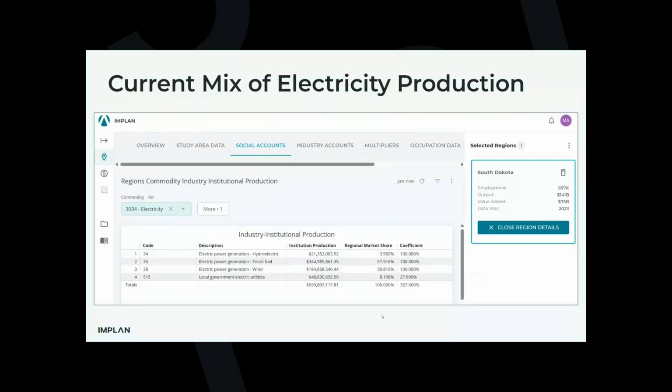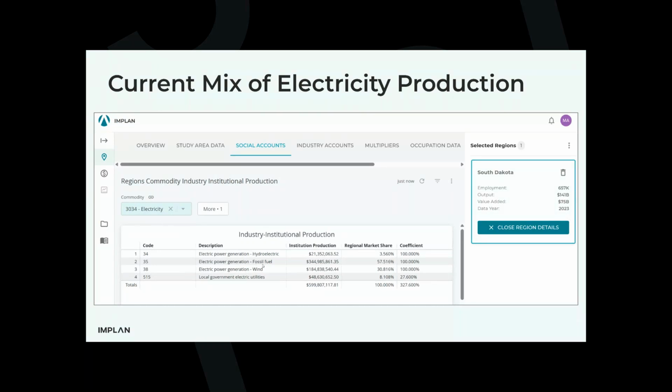All right, so we'll shift now to this final iteration of modifications to our inputs, but now looking at it from a model perspective. So the way that we got those scope 2 emissions was specific, like I said, to the energy mix in South Dakota. Here we're looking at the balance sheets for electricity and seeing the industry institutional production of electricity.